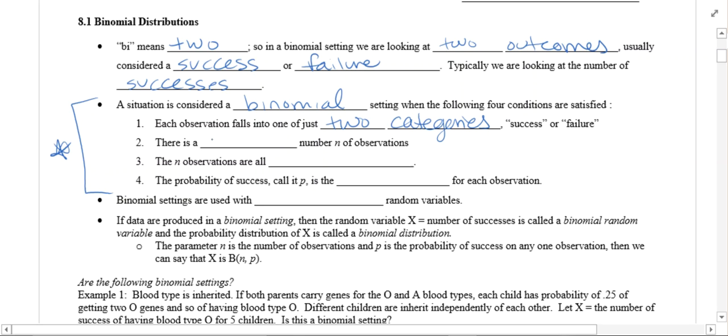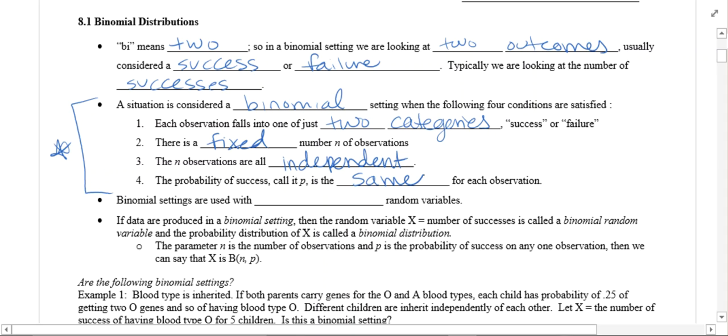Okay, there is a fixed number of observations, so you know how many times I'm going to roll a dice, for example. The n observations are all independent. Okay. The probability of success, call it P, is the same for each observation.